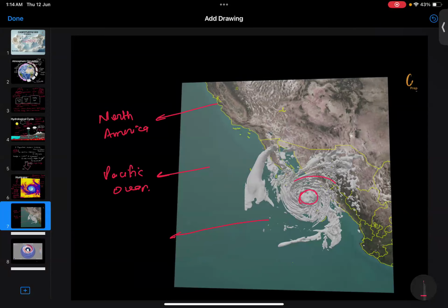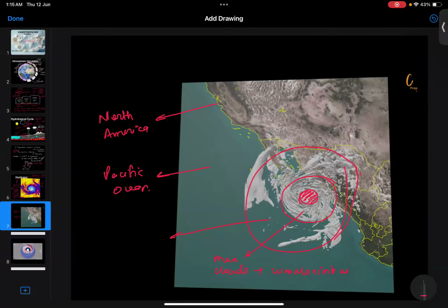This is the inner band, and this part is the outer band. We can see that this is a calm region, and here we see that there are maximum clouds, and these clouds are cumulonimbus.